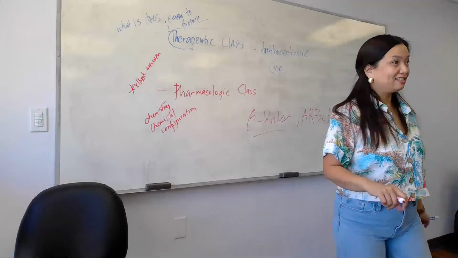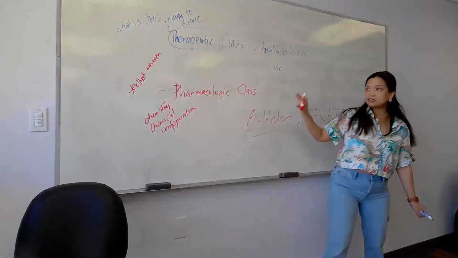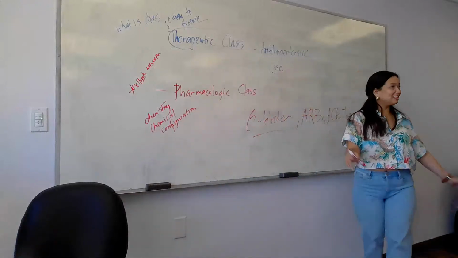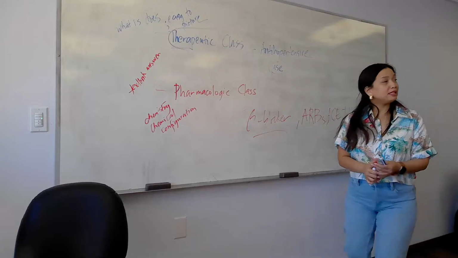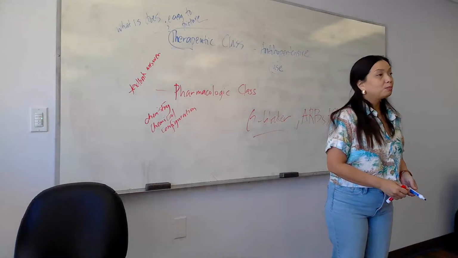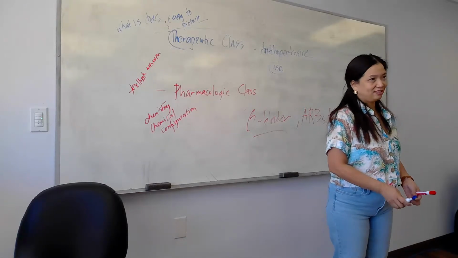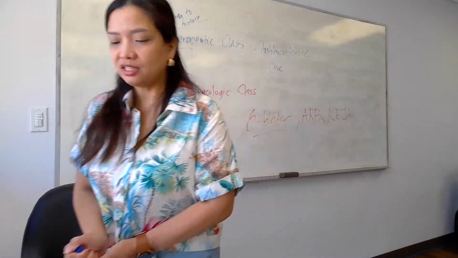What's that? Pharmacological class, because it's based off the chemical configuration of the drug. Antihypertensive, therapeutic class. Know that therapeutic means therapy, treatment. Prophylactic means preventive. Those two terminologies will always show up too in pharmacology.